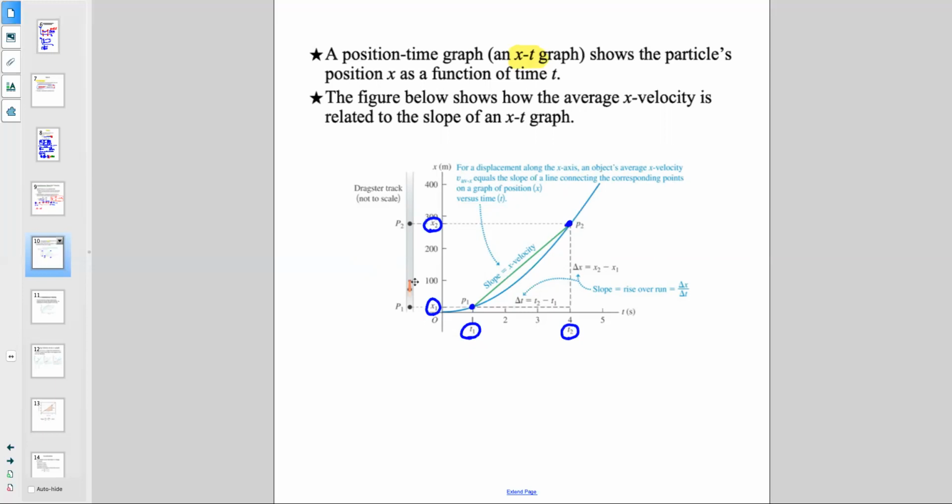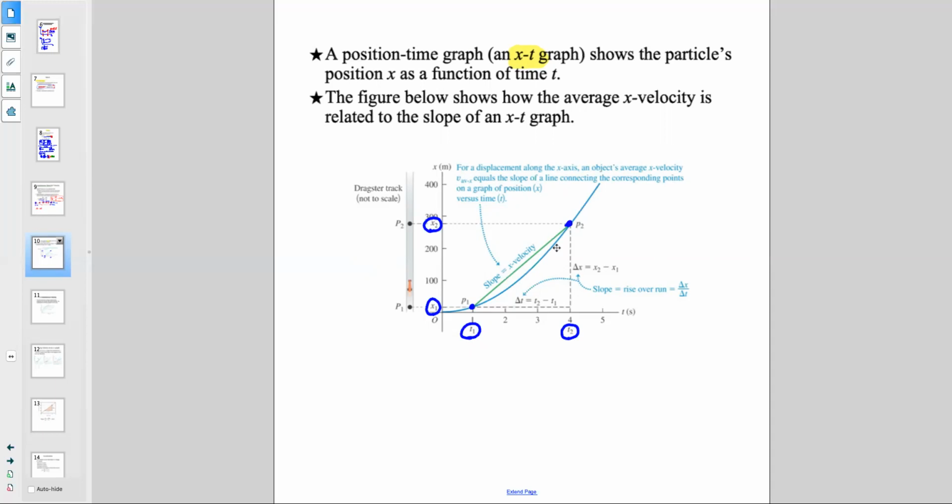If I draw a straight line from point 1, P1, to point 2, which is this green line right there, and I find the slope of that line. Okay, so I'll repeat it one more time.